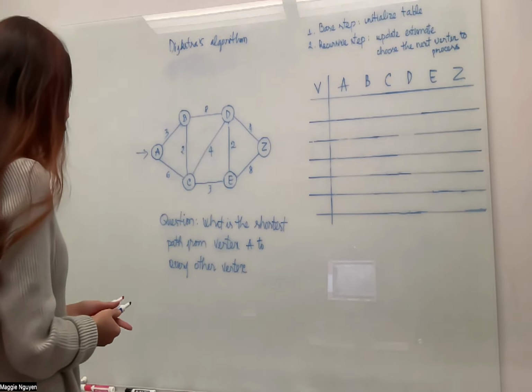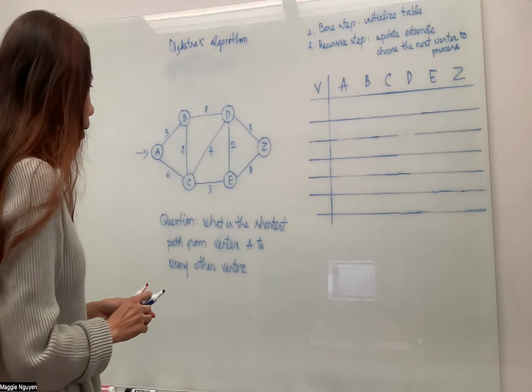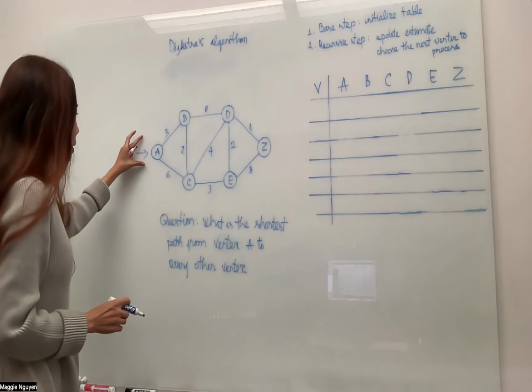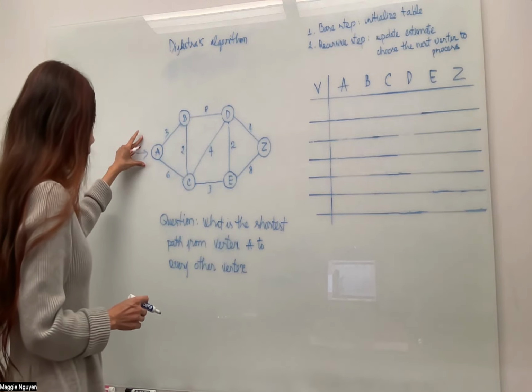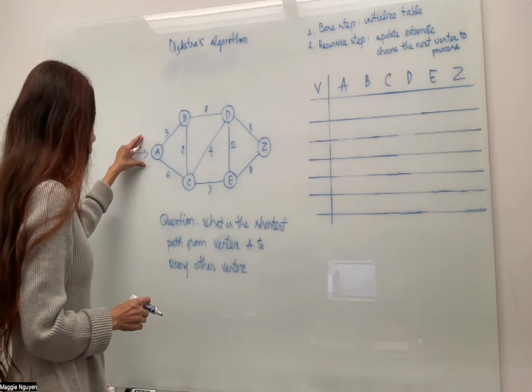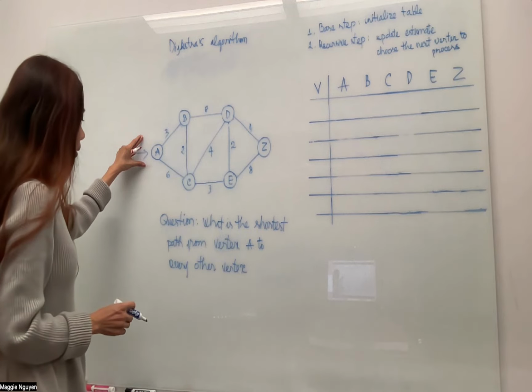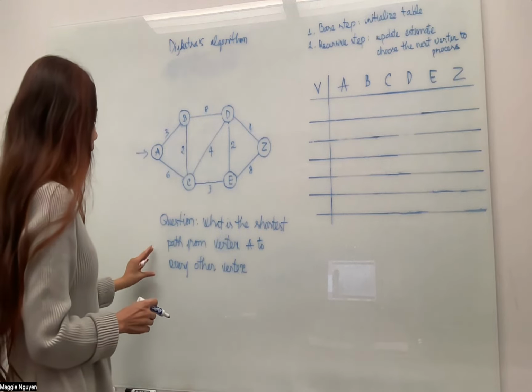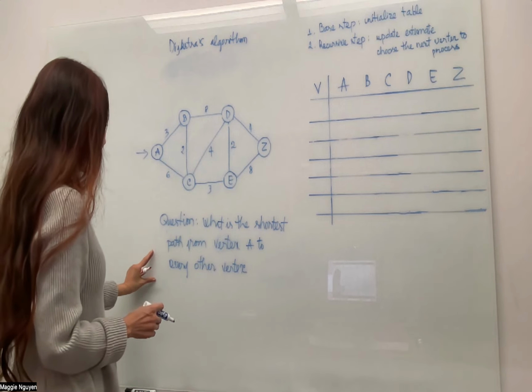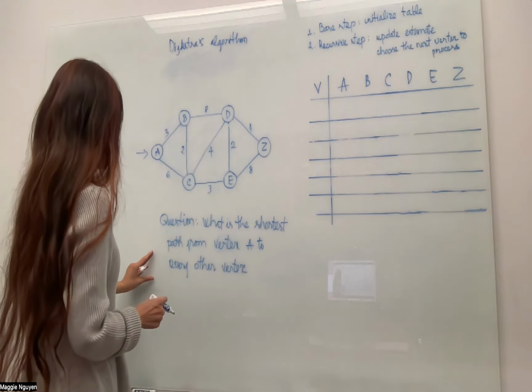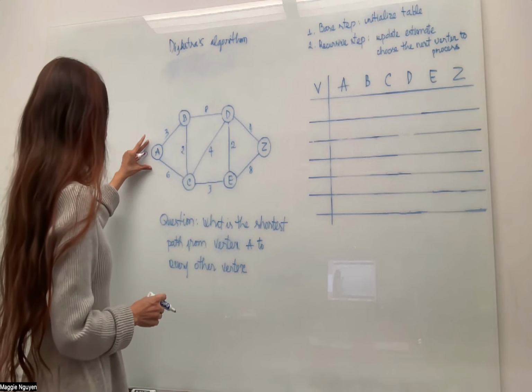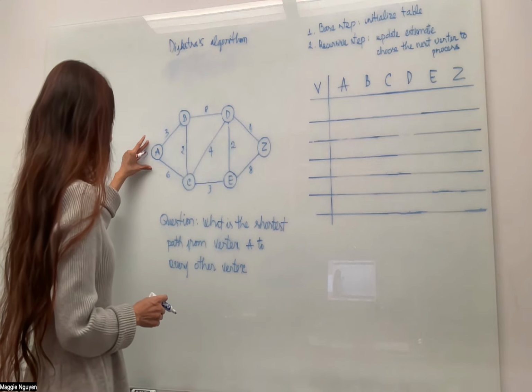Now let's do Dijkstra's algorithm using a table. This is an undirected and weighted graph. The question is, what is the shortest path starting from vertex A to every other vertex in this graph?